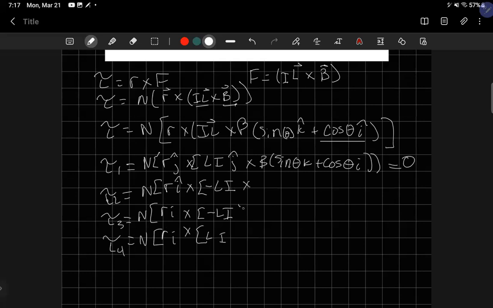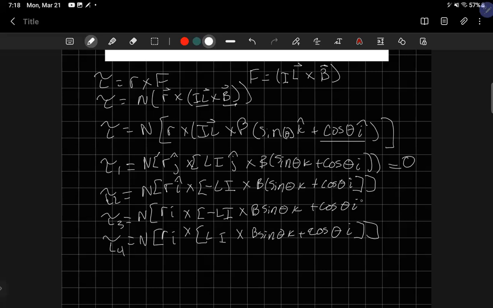And then cross all of these B, and these should all stay the same. Sine theta k plus cosine theta I. B sine theta k plus cosine theta I. B sine theta k plus cosine theta I. Okay. Yes.